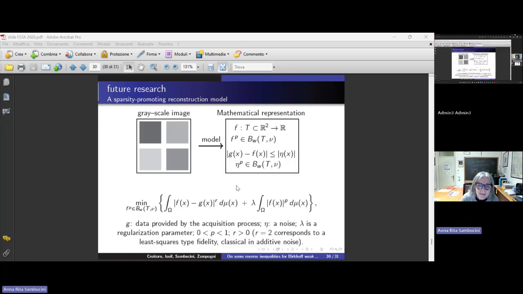I saw some results of this type in the additive case with respect to measure, and maybe it is possible to take the noise inside the measure mu, which is non-additive, and so to capture the noise inside this part.